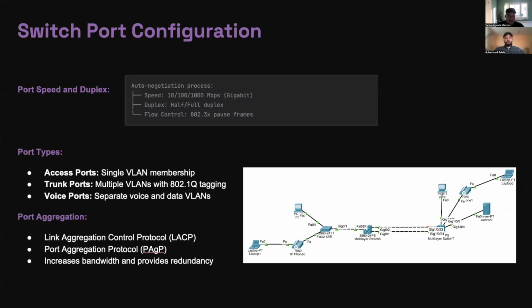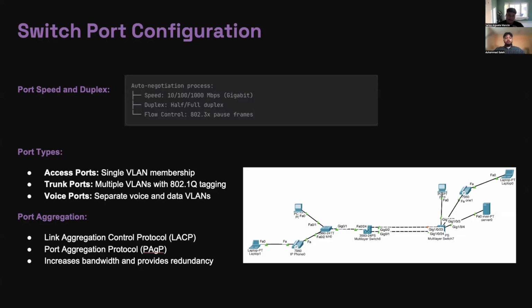In this example, the auto negotiation process gives you either 10 Mbps, 100 Mbps, or up to a gig, which is 1,000 Mbps. The duplex, whether you get that one highway lane or the secondary highway lane, and then the flow control, which is 802.3x.